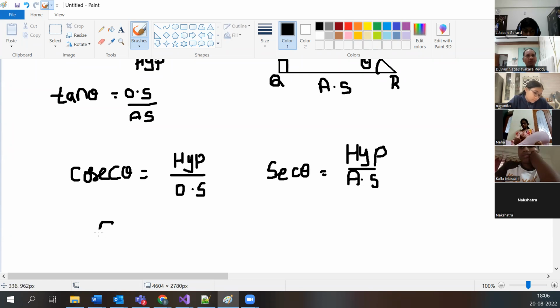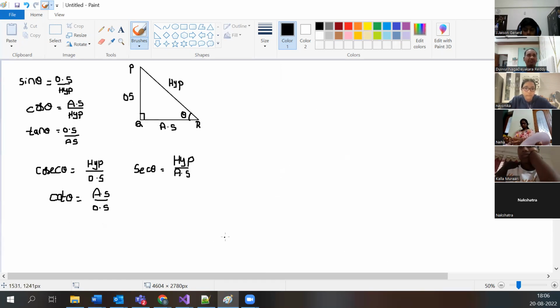Now, cot theta definition is the ratio adjacent by opposite, adjacent side by opposite side. Is it clear, everyone? This is what we discussed. This is purely definitions, nothing to do with any other thing.